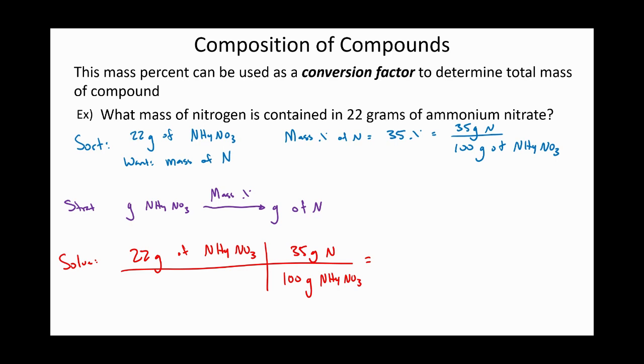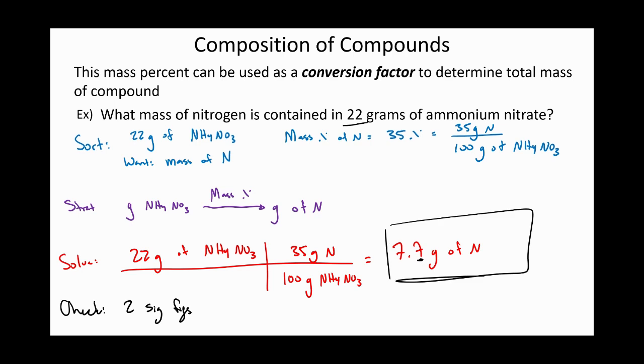You multiply this on through, you get 7.7 grams of nitrogen. And if you want to do your check step, we'd see that the mass that we were given has 2 sig figs. And the answer we get, because it was such a nice mass percent, also is given to exactly 2 sig figs. So our answer is just this, 7.7 grams of nitrogen.